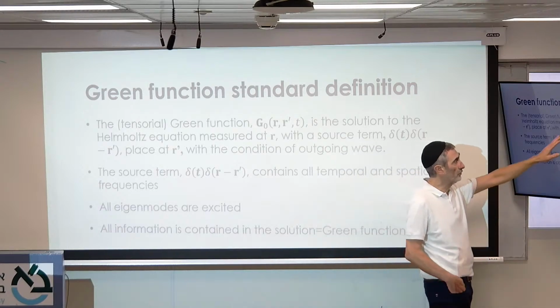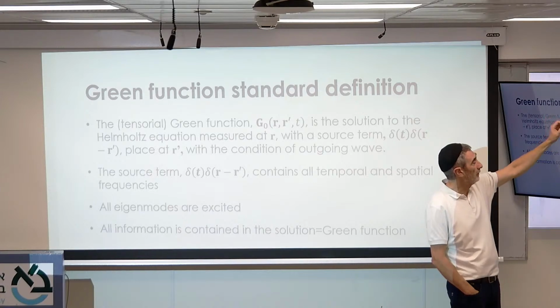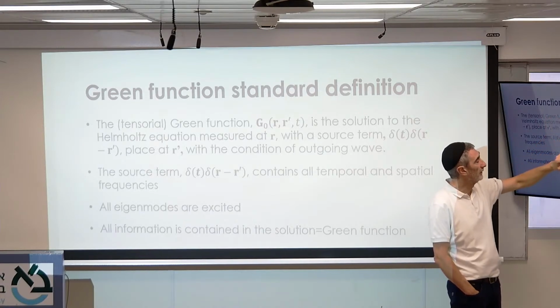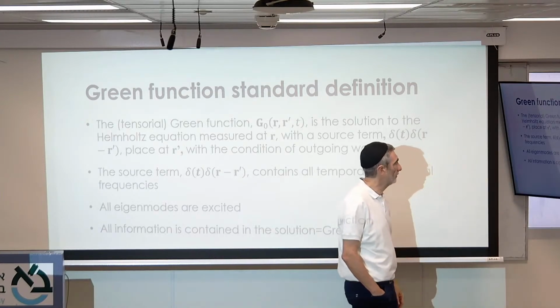So we take the solution of outgoing waves. So you are positioned at R, and you have the source at R prime at time t, and you want to see what you measure at position R.